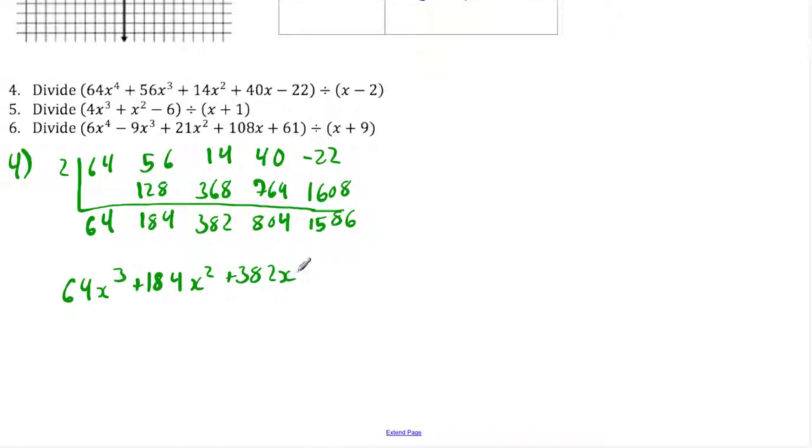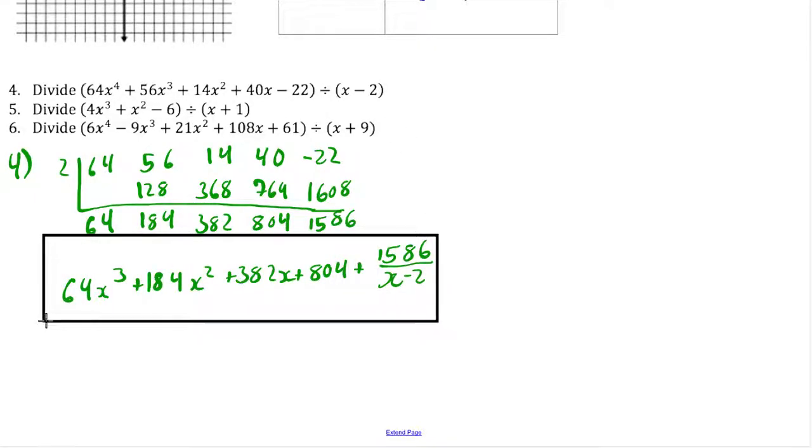Sorry, just going crazy. This 382 will be x. 804 is the area code, but it's also right here going to be the constant. And this 1586 is going to be the remainder. So we write our remainder as 1586 over x minus 2. And that is our answer for number 4 here.